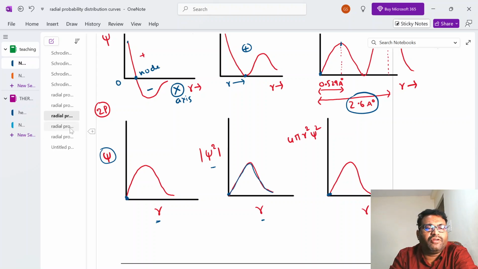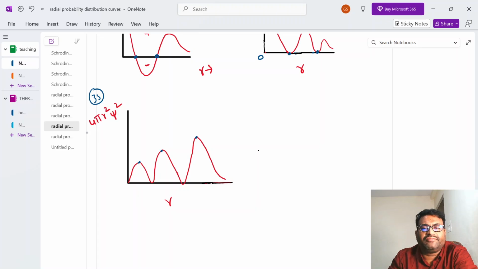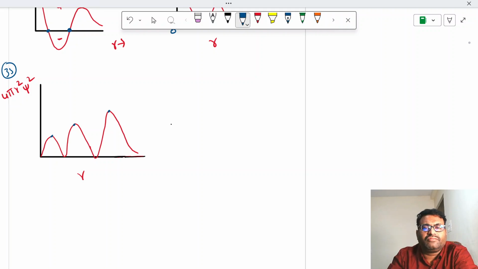Now let us see here. A graph is given like this.